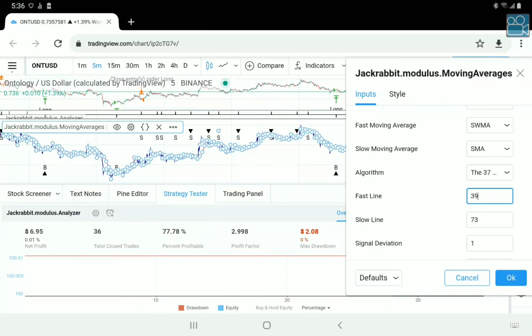Now, as you can see, there is no science here. None whatsoever. I'm just playing with numbers and watching how the analyzer returns the values. So we found the highest number, $9.97.